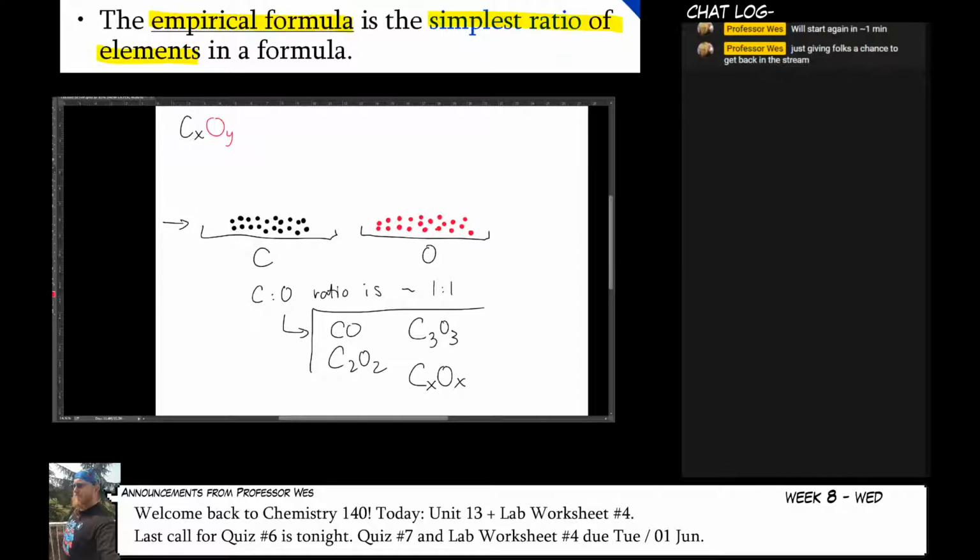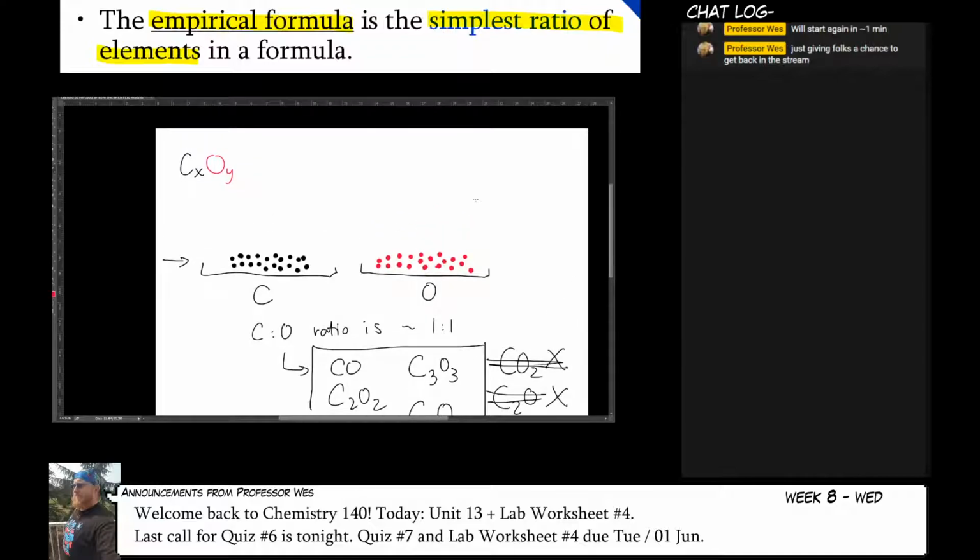Where X is the same number for both. And what I also know is that I don't have this. This is not correct because this would be twice as much oxygen as carbon. Nor can I have this because that would be twice as much carbon as oxygen. So I can eliminate a lot of possibilities here, but really all I can do is narrow it down.